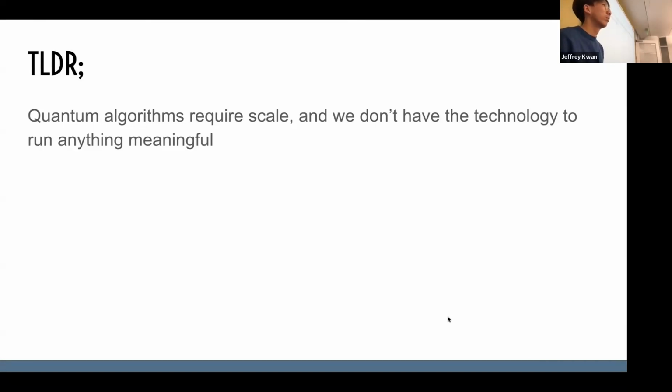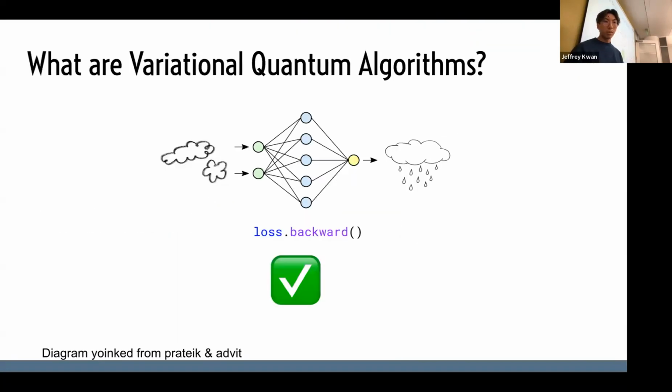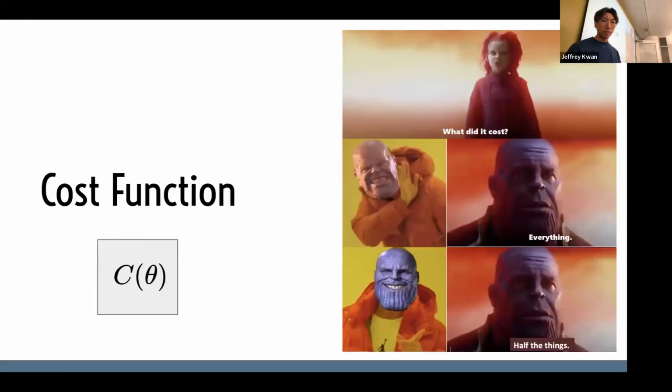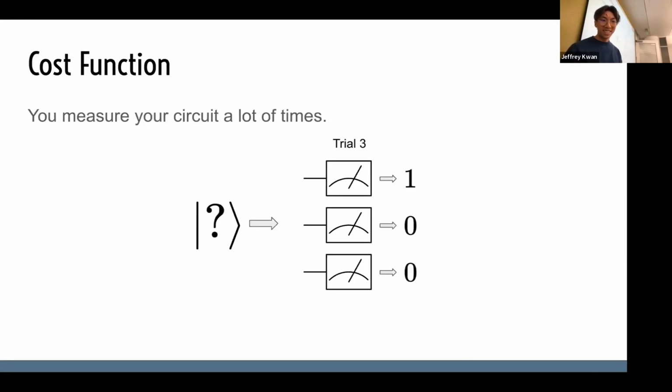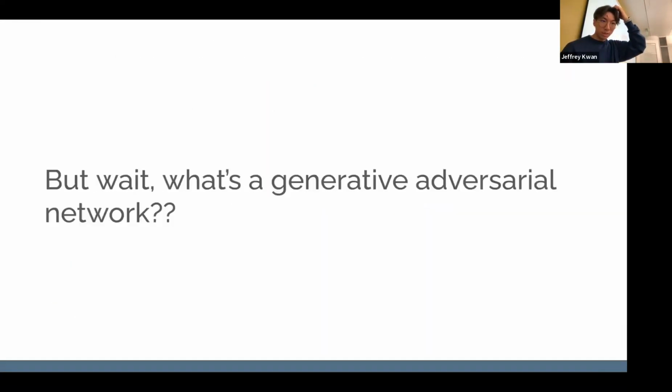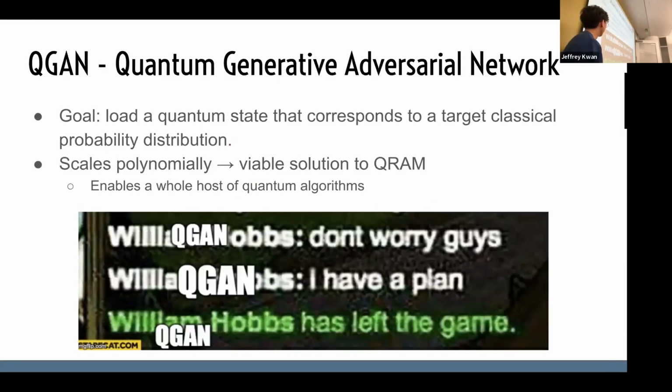So the VQA, what was the problem it was solving? The problem it's solving is something called QRAM, which is, where are the slides? Sorry. Found it. Okay. Basically, this idea that you can just load in any quantum state is an assumption that a lot of papers make when they write their quantum algorithms.